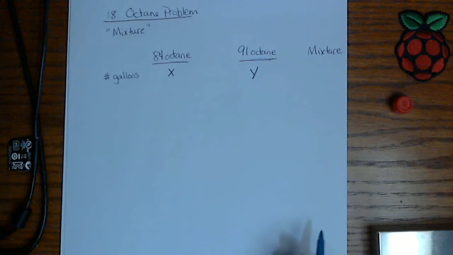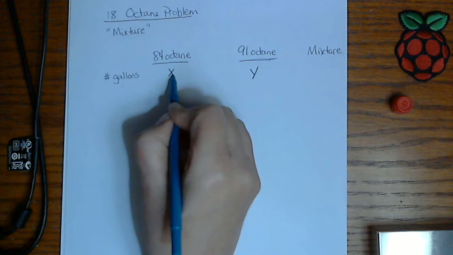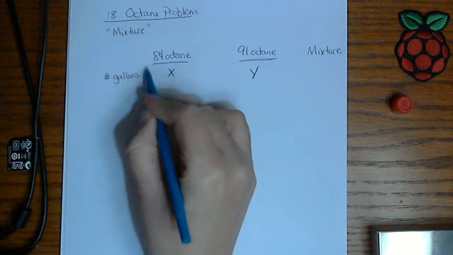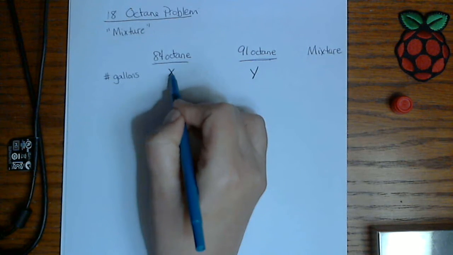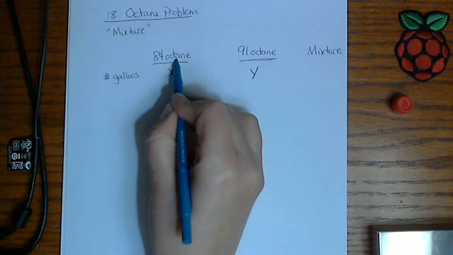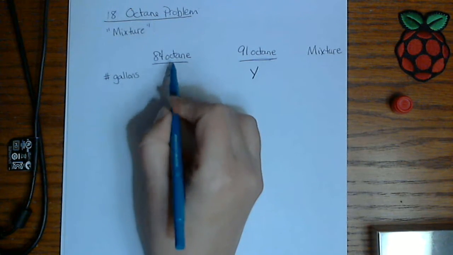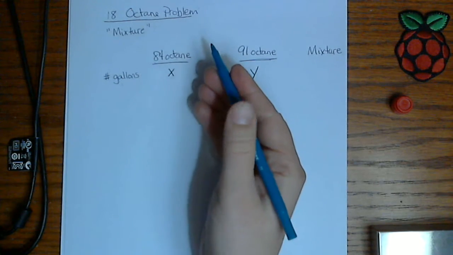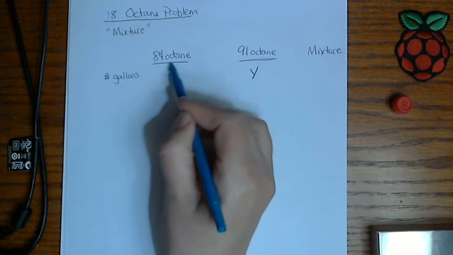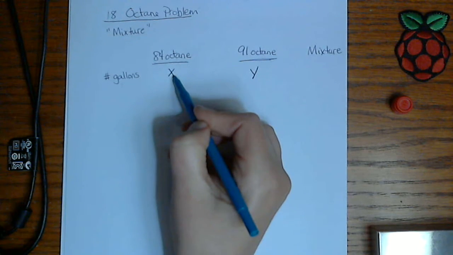Well, we know if we have 1 gallon of this 84 octane mixture, it's 0.84 gallons of octane, right? Because 84% of it is octane. So again, just like in the other problems that we talked about, the 84 ends up being the rate of the octane, and X is the number of gallons.